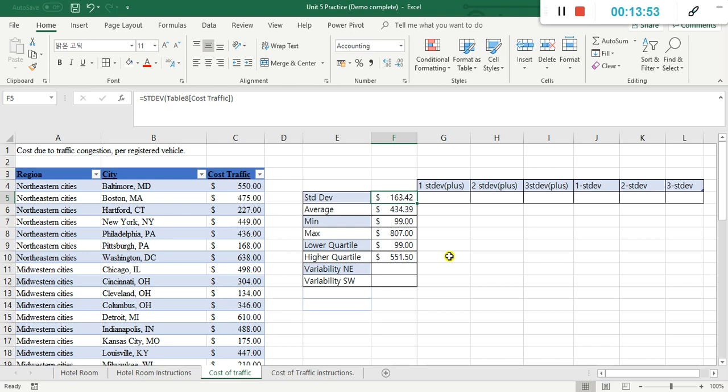That means on average numbers are far away by 163, meaning the average is 434. If I put 434 plus 163, the majority of the numbers are gonna be there. If I put 434 minus 163.42, the majority of the numbers are gonna be there. So let me explain it graphically.